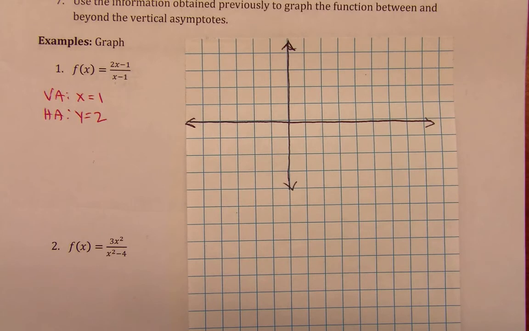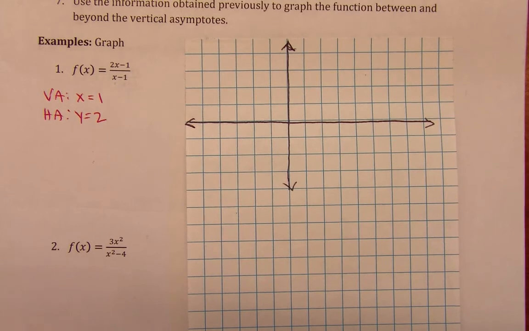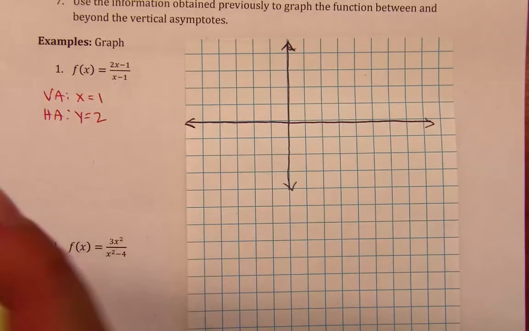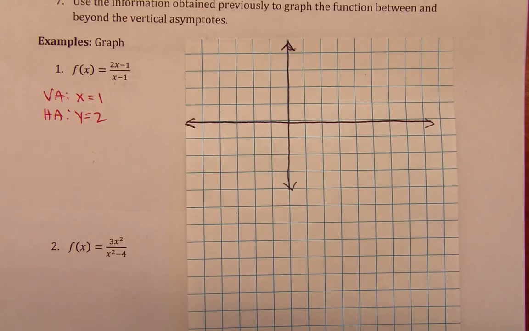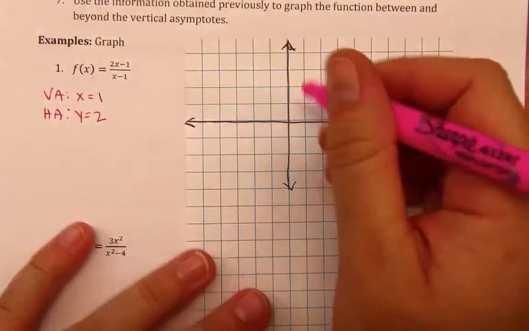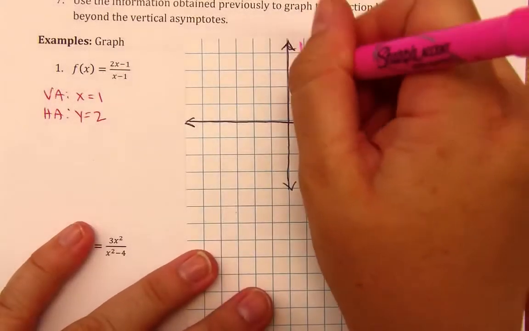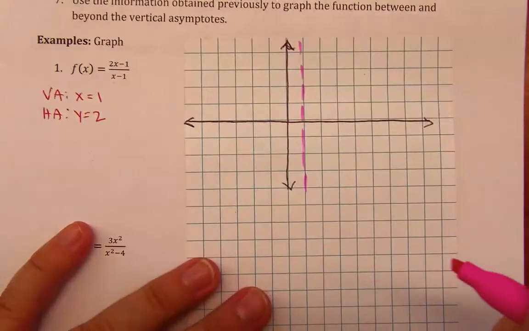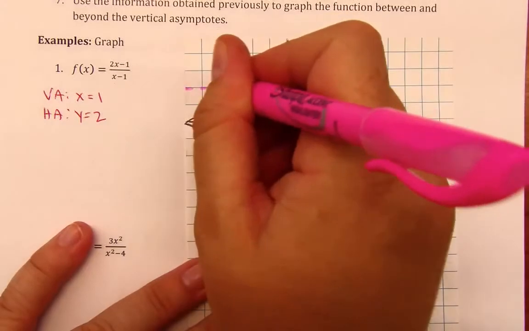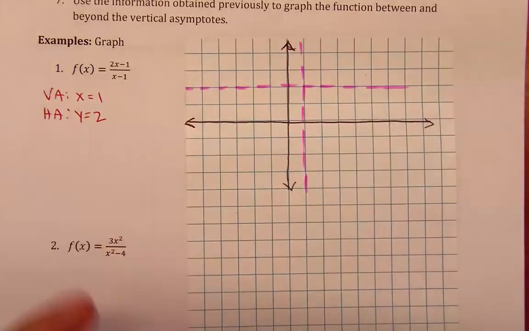And now I don't have a whole lot of other information. So let's go ahead and start with that and draw out our asymptotes here. So at x equals 1, I have a vertical asymptote. At y equals 2, I have a horizontal asymptote.